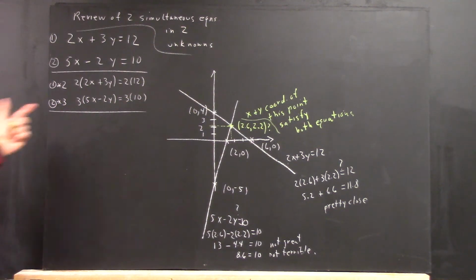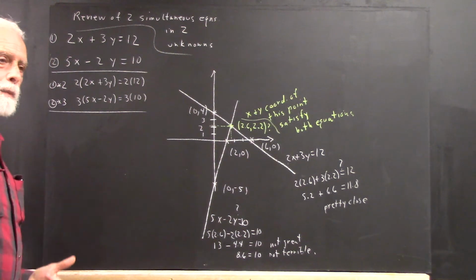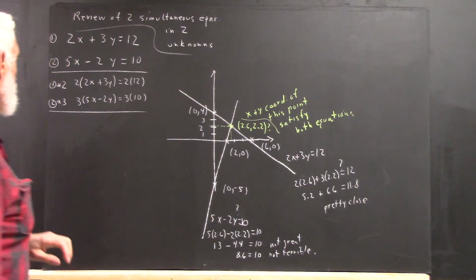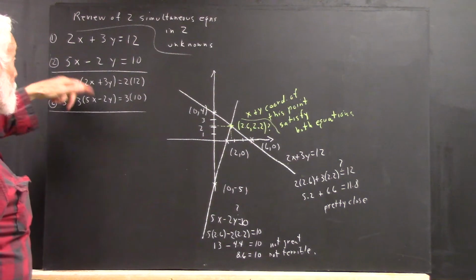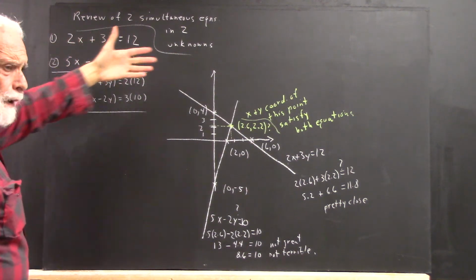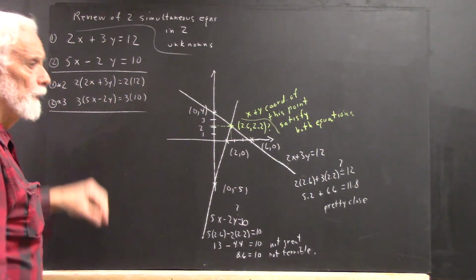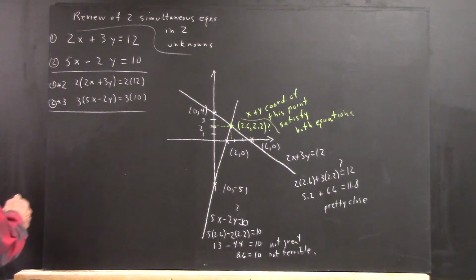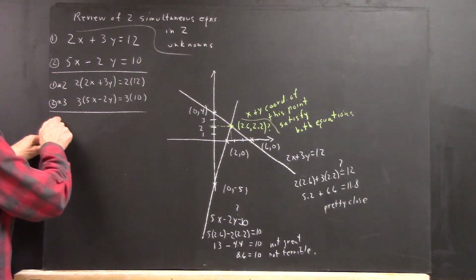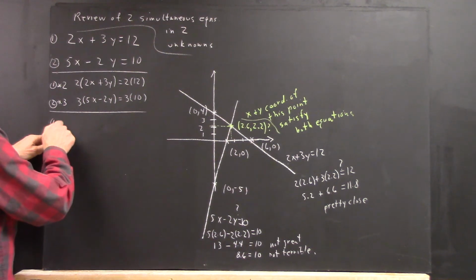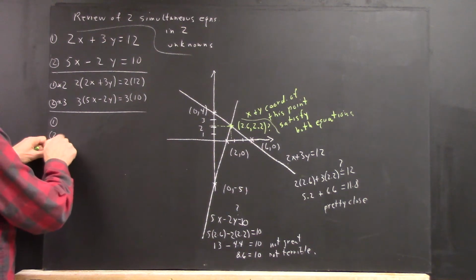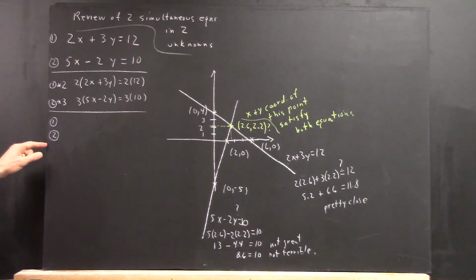Now I wrote out this step because when I say multiply both sides by 2, a lot of times people put a 2 out here with no parentheses and they won't multiply everything by 2. You're multiplying both sides by 2. You're going to have to use the distributive law to do that. So again, now my equations I'm going to label as 1 and 2 again.